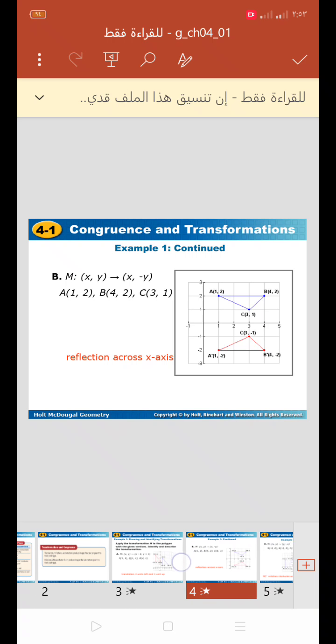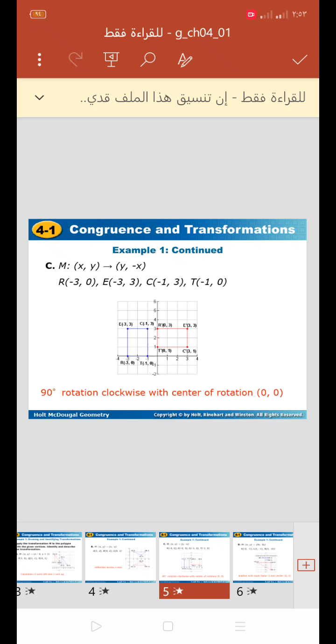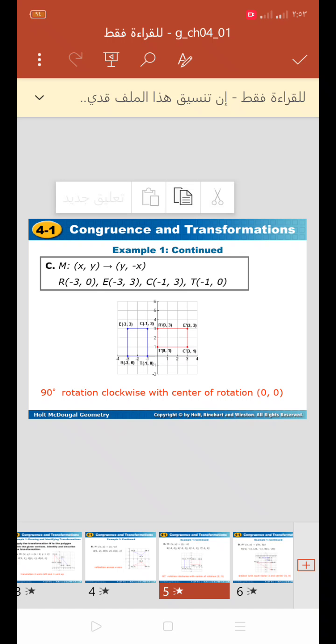Okay, another example. Here the rule is (x, y) becomes (y, negative x). Remember, this swaps x and y and changes the sign for x.